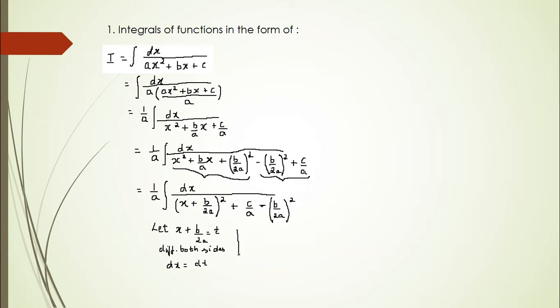Further, I also have to express c by a minus b by 2a whole square, this part, as some k square.